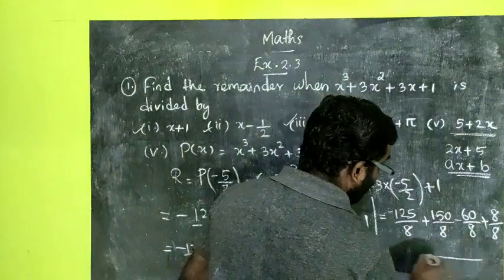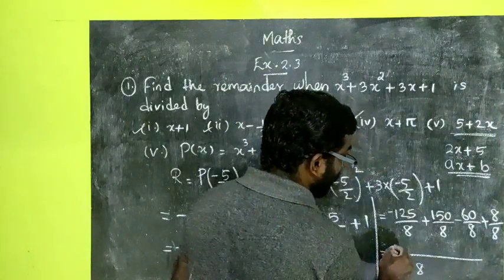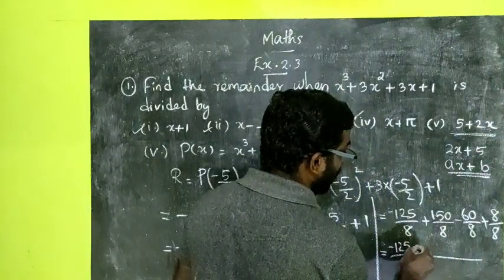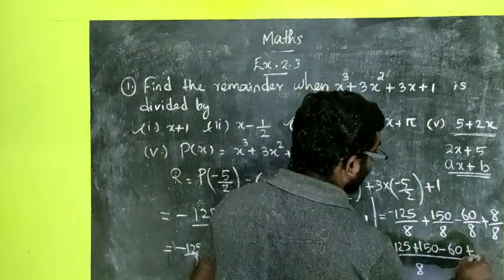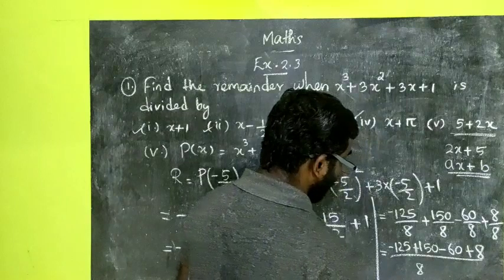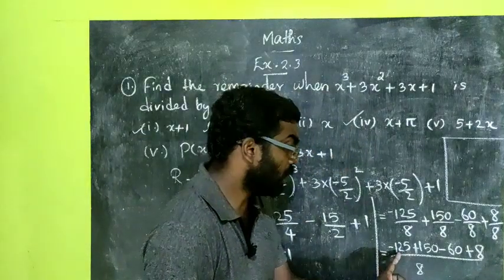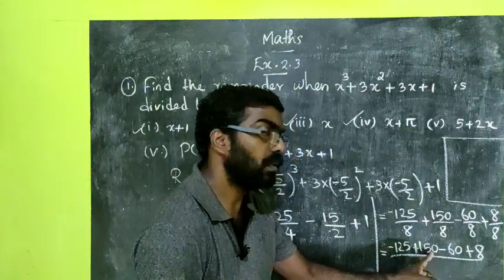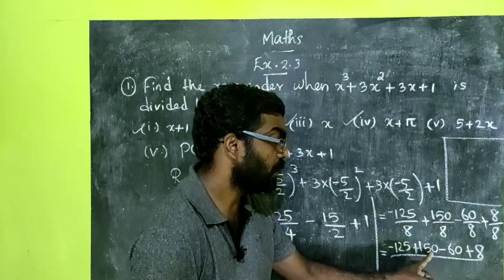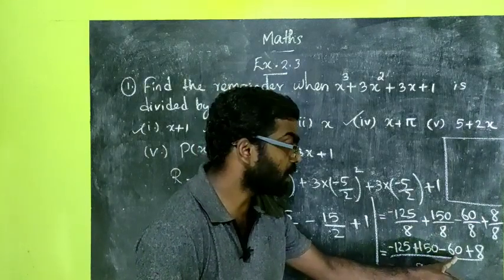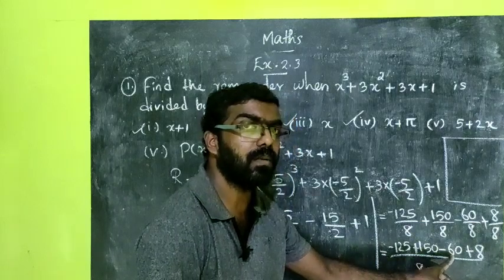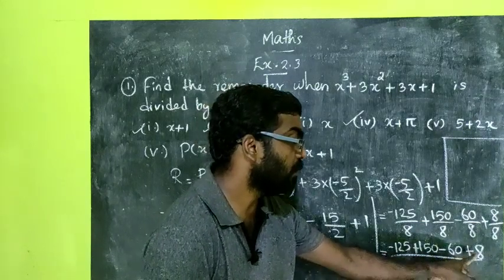So the denominator is 8. Here minus 125 plus 150, then minus 60 plus 8. Okay, so here minus 125 plus 150, that gives 25. Then 25 minus 60. 25 minus 60 is minus 35. Then minus 35 plus 8.